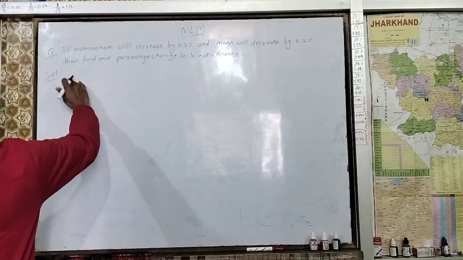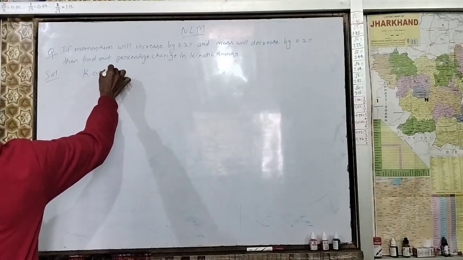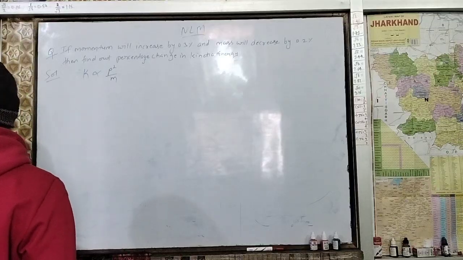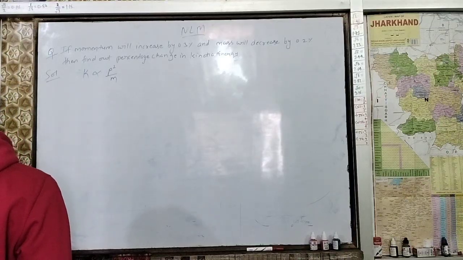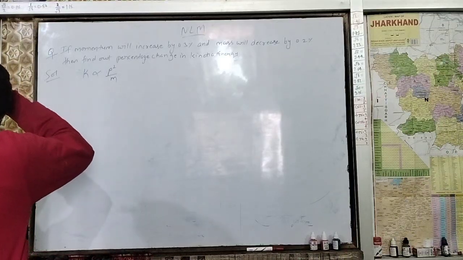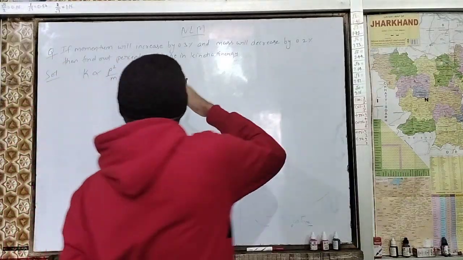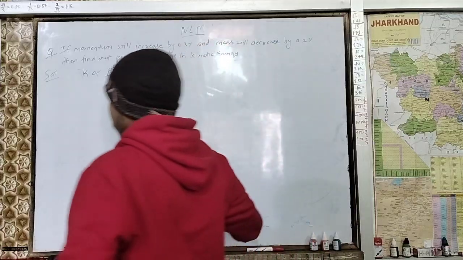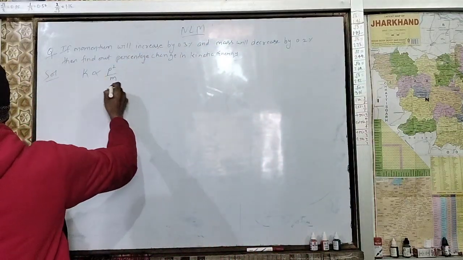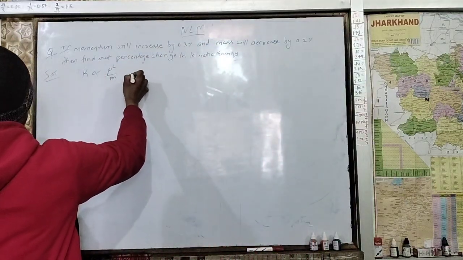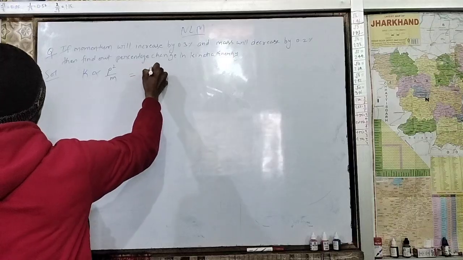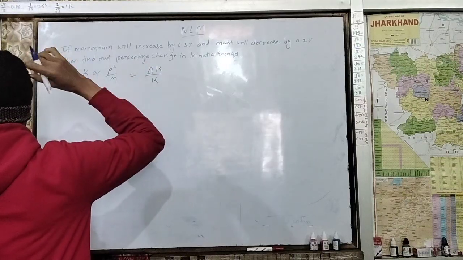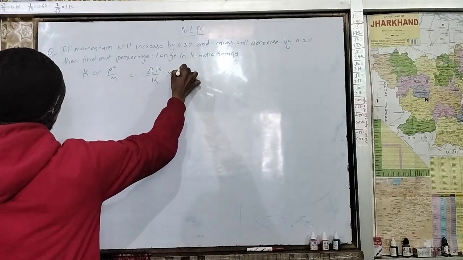Kinetic energy is directly proportional to p square upon m. And we saw how to convert this into another form. You can write delta K upon K multiplied by 100.